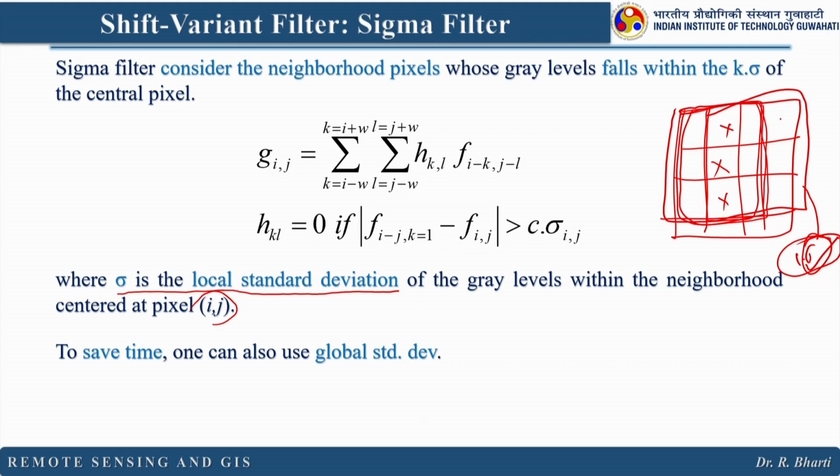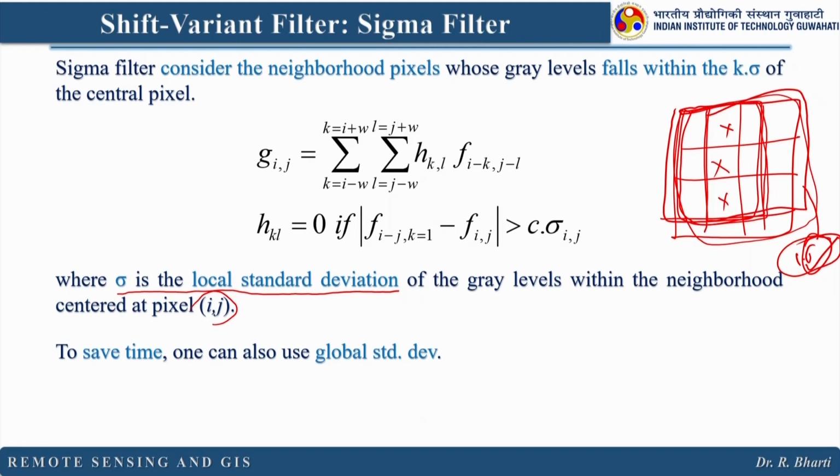But instead of calculating the standard deviation of each 3 by 3 matrix, one can use the global standard deviation, which is calculated from the whole image, right. This is to save time, because every time you have to put your kernel on the image, extract those 3 by 3 pixel values, calculate the standard deviation, decide the k value, and then the pixels which qualify to be under that 1 sigma or 2 sigma will be used for averaging.